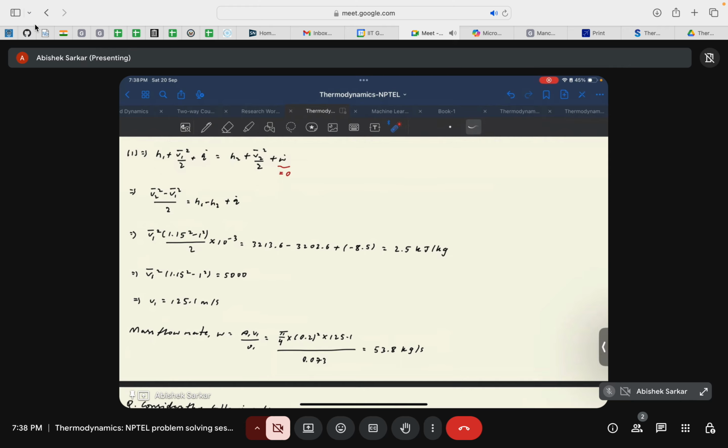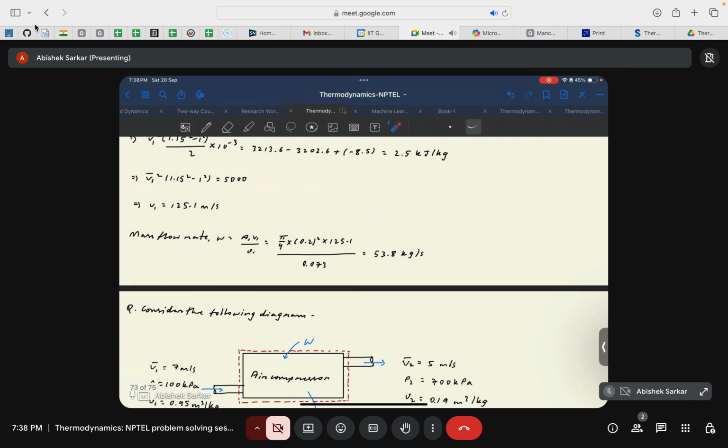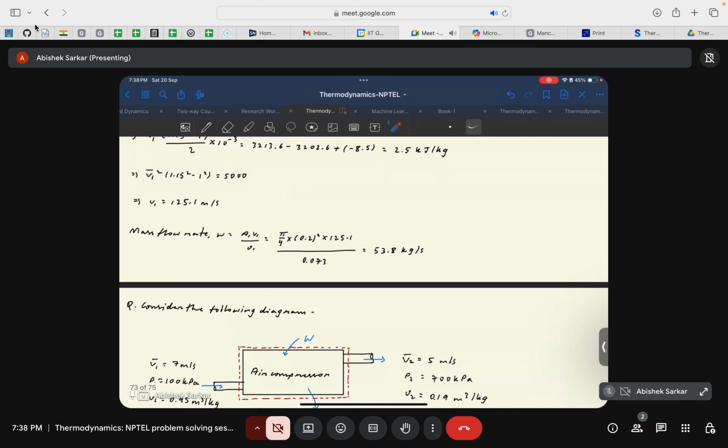If you do that, you will get this equal to 2.5 kilojoule per kg, and simplifying further, velocity V1 is equal to 125.1 meter per second. Mass flow rate is given by A1 V1 divided by specific volume v1, equal to pi by 4 times 0.2 square, this is the diameter, times 125.1 divided by 0.073, so mass flow rate is 53.8 kg per second. That's how you do it.